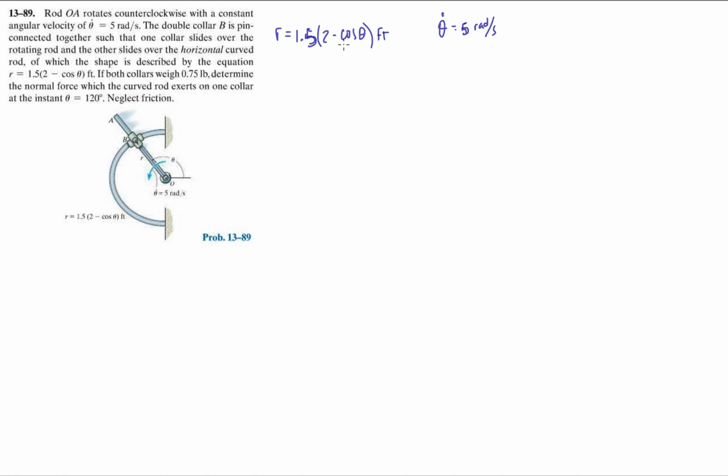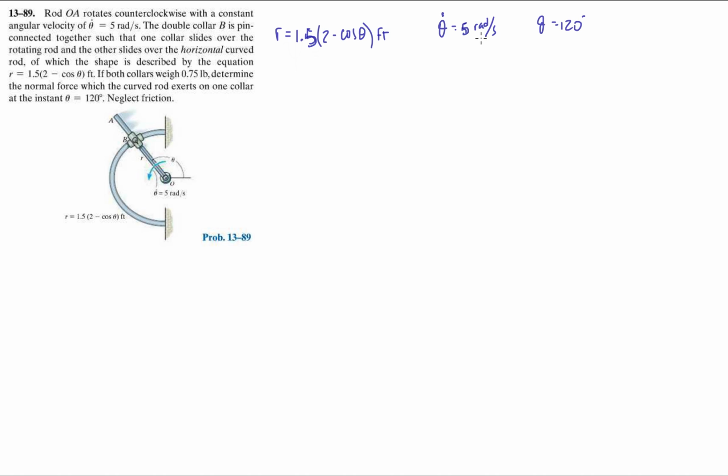So we have the position. If both collars weigh 0.75 pounds, determine the normal force which the curved rod exerts on one collar at the instant theta equals 120 degrees. Notice how they're giving us degrees and radians here. So be careful when you're punching these numbers into the cosines and sines in your calculator.